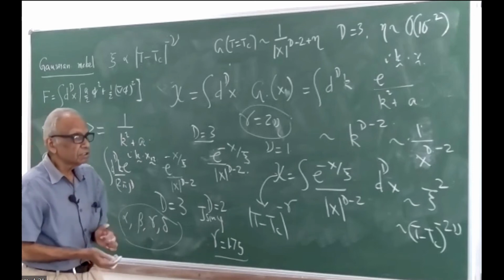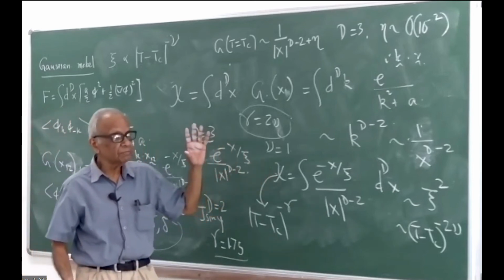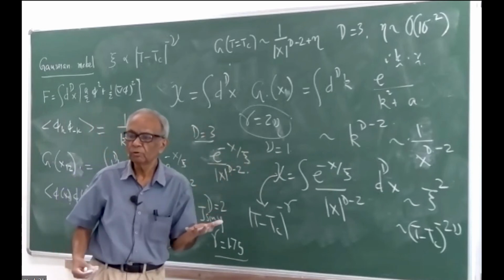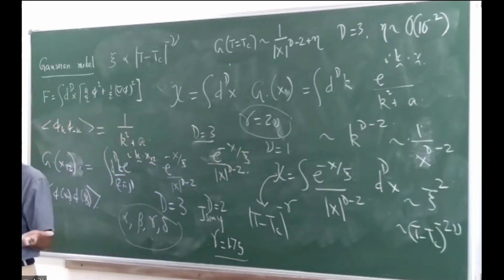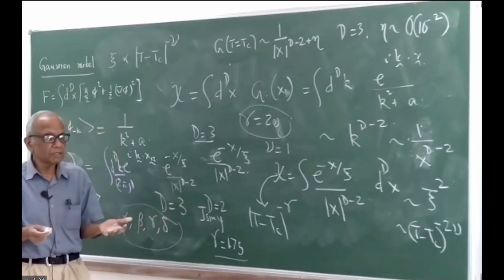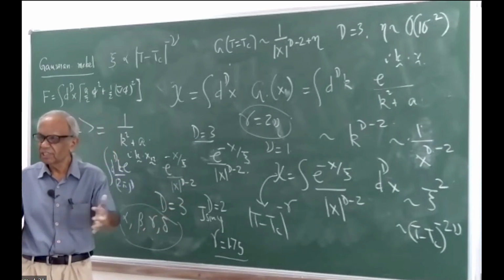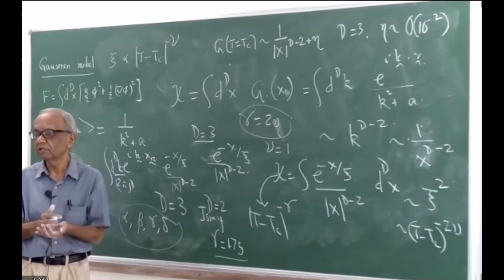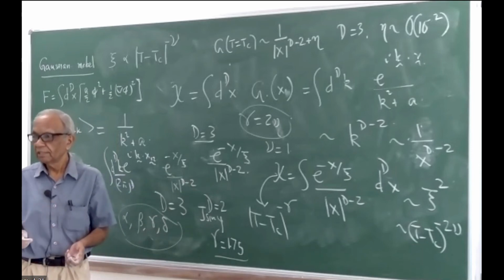People knew how to tame infinities in high energy physics, but it was all at high k. This was a problem. You are not talking about high k, you are talking about very small k. It is long distance phenomena, large distance correlation.